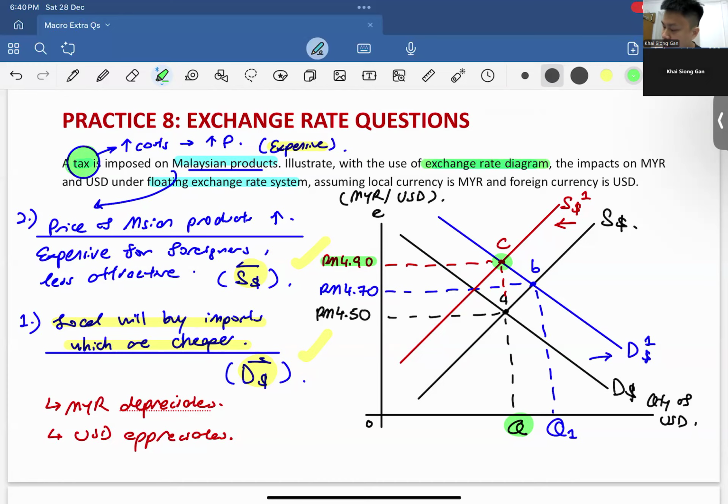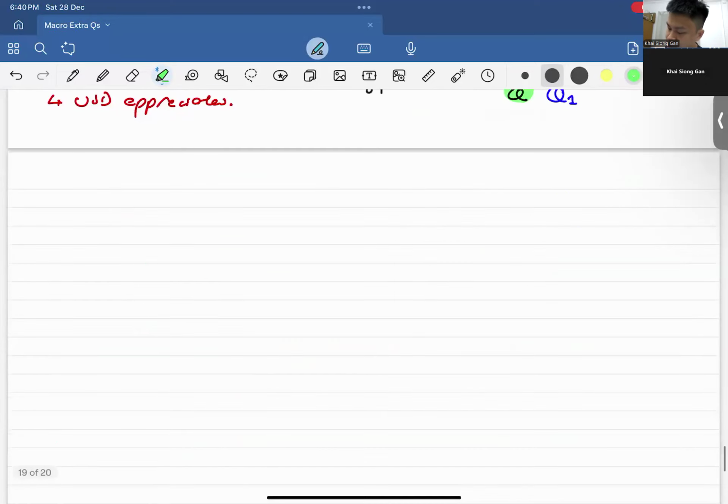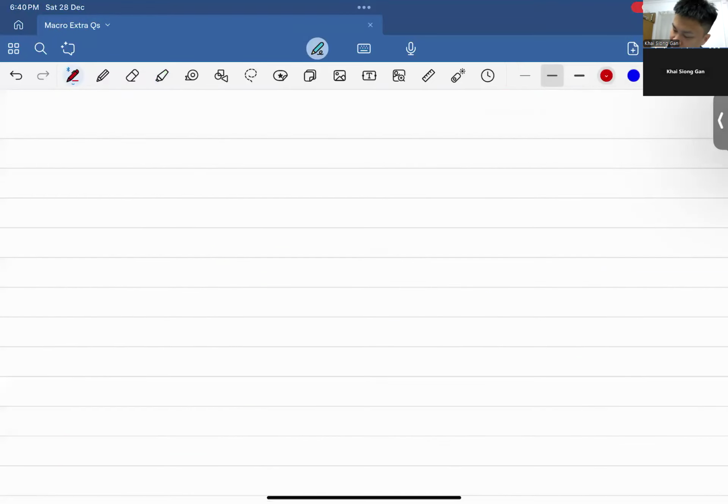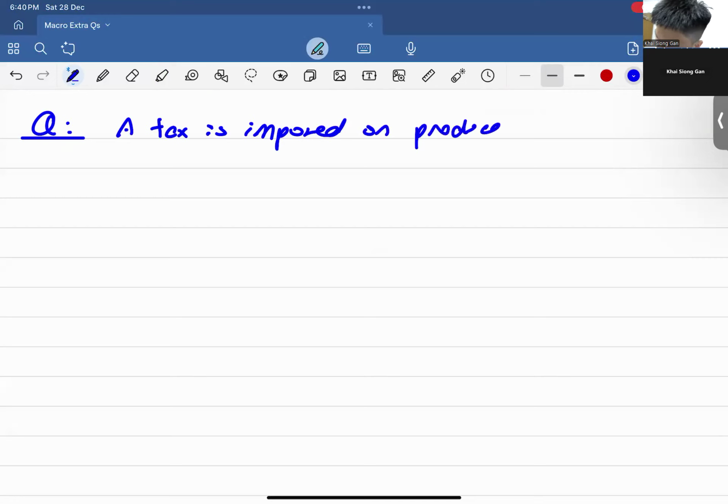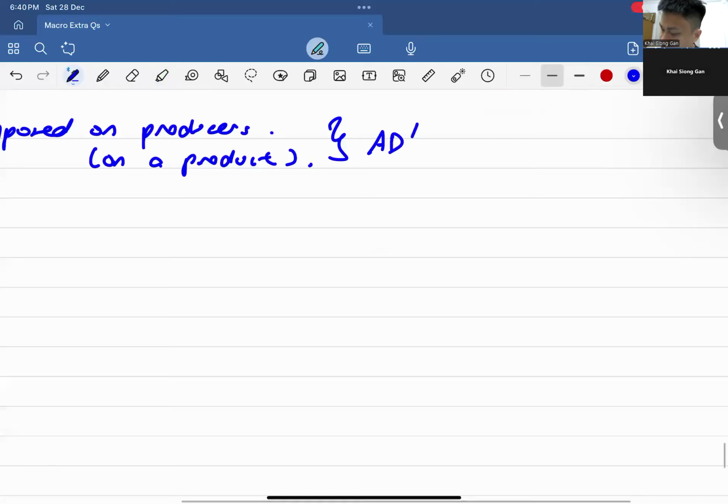What if now I give you a question like this: a tax is imposed on producers or on a product. Relate this with the use of the AD-AS diagram. How will your answers be?